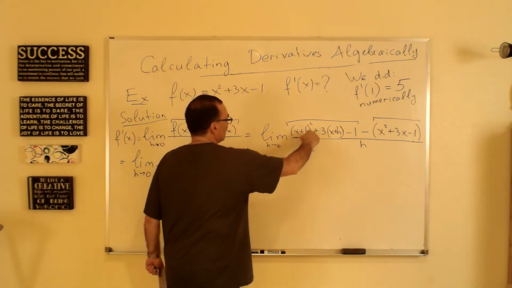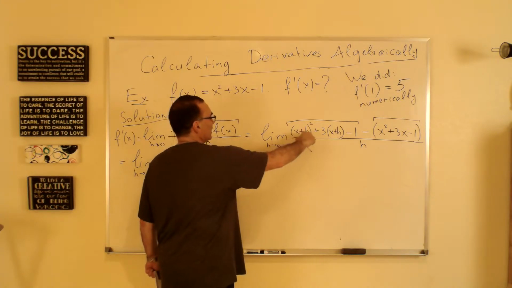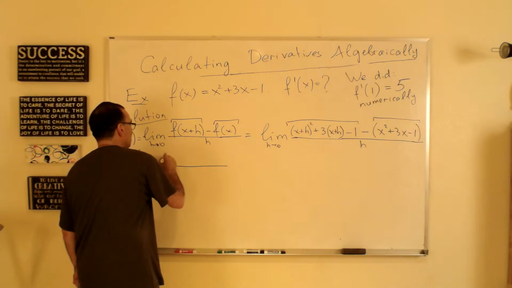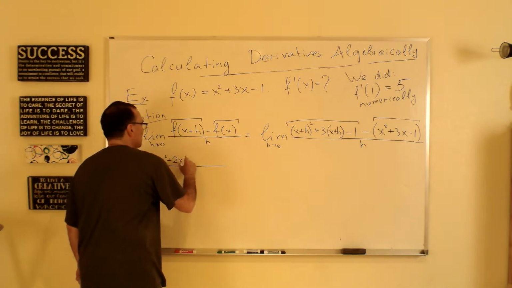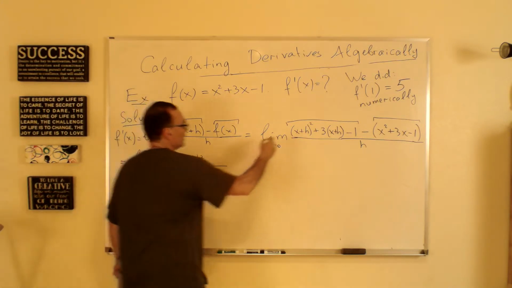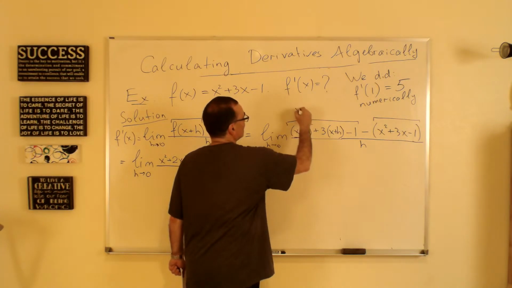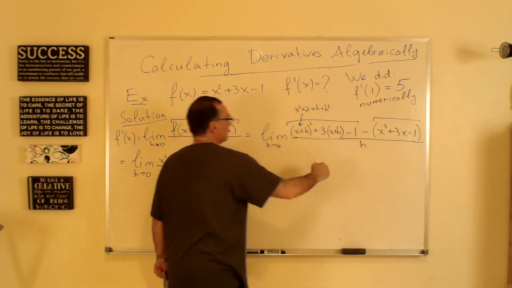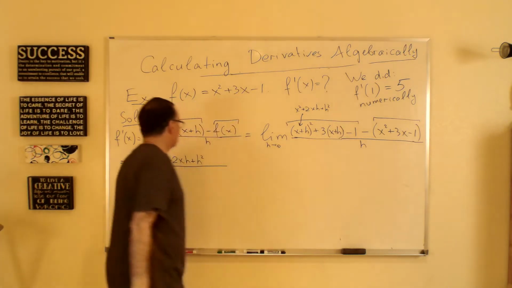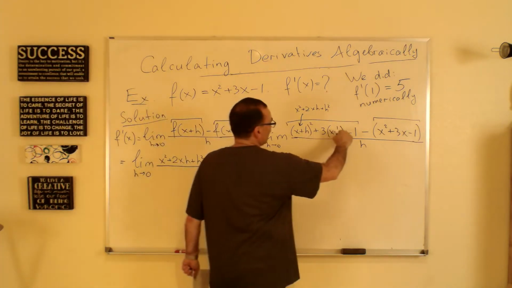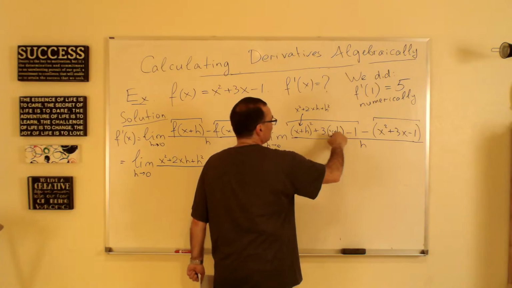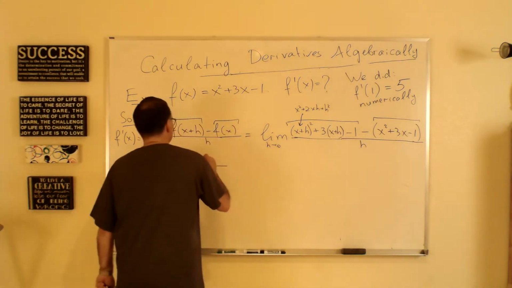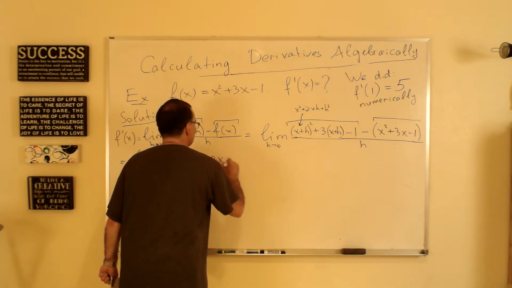Here we already had this formula, so x plus h in parentheses squared will expand as x squared plus 2xh plus h squared. Now this part, 3 times x plus h, expands just by distributing the 3. Remember that 3 multiplies both x and h, so it will end up as plus 3x and plus 3h.